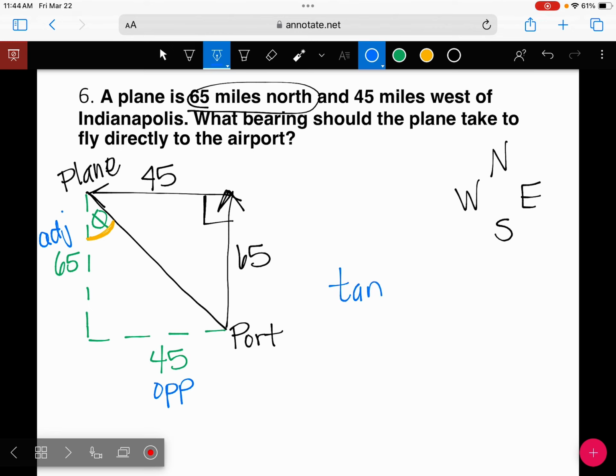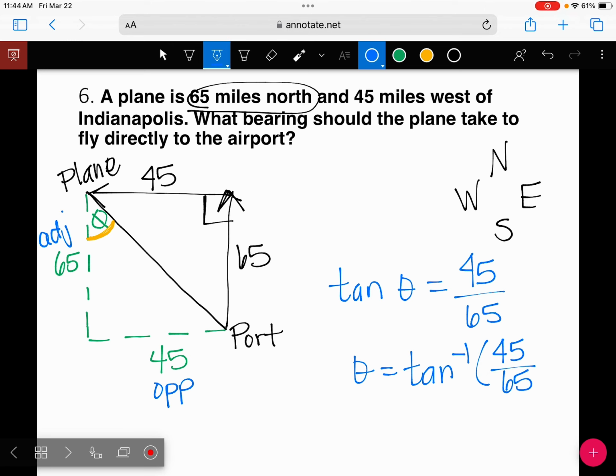So the tangent of our bearing is 45 over 65, which means that theta is the inverse tangent of 45 over 65. What's the inverse tangent of 45 over 65? 34.7. Who got 34.7?